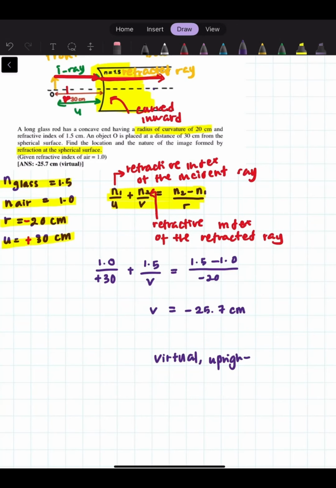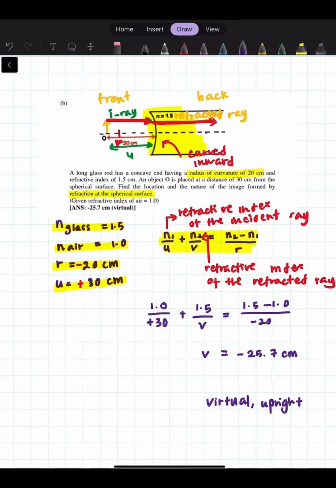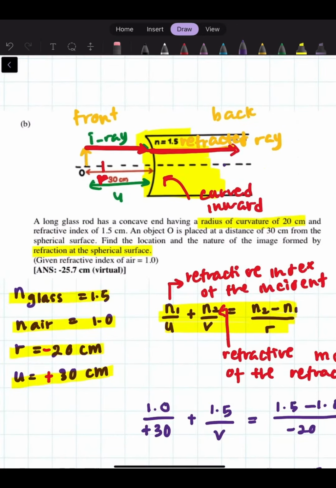If we draw the image formed on our diagram over here, it will be on the same side as the object. Instead of at the back or forming in the glass, it will form on the same side as the object, not the opposite, because this is a virtual image.